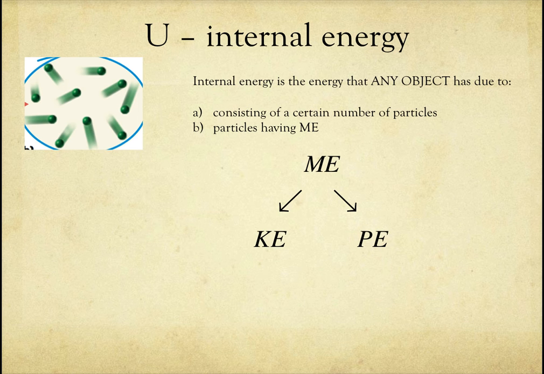And since the hotter object has faster moving particles, its internal energy is greater. However, I can have 50 grams of water and 25 grams of water have the same internal energy. That would imply that the particles in the smaller amount of water would be moving faster.